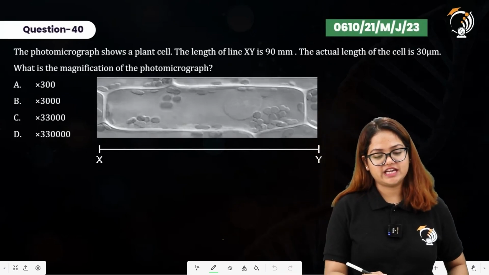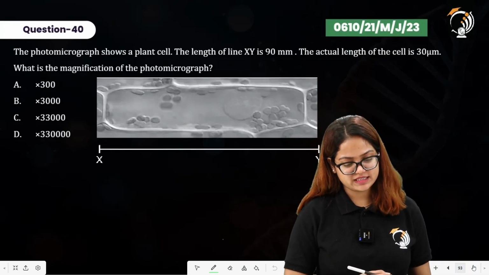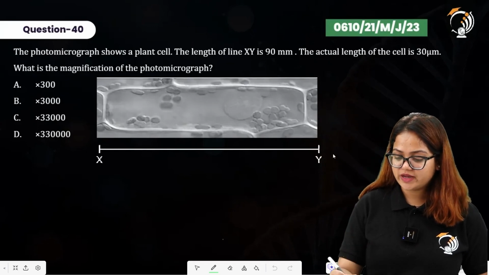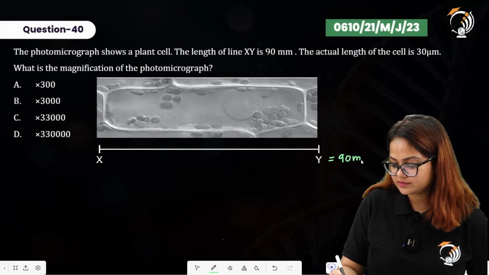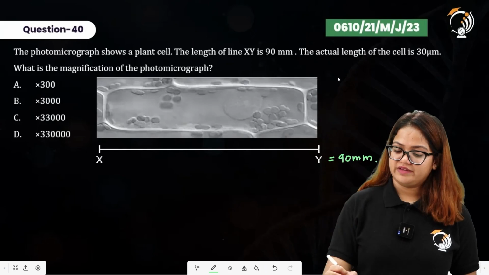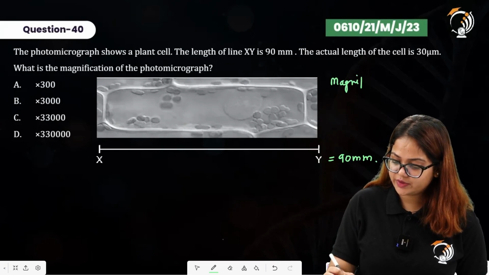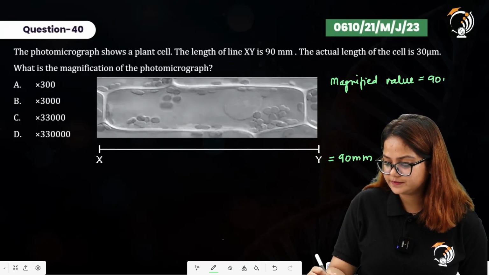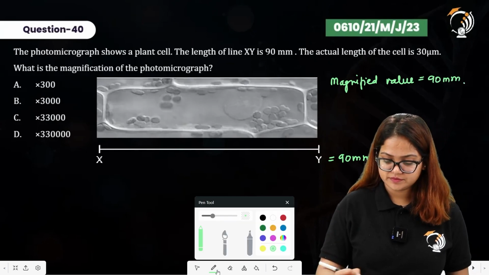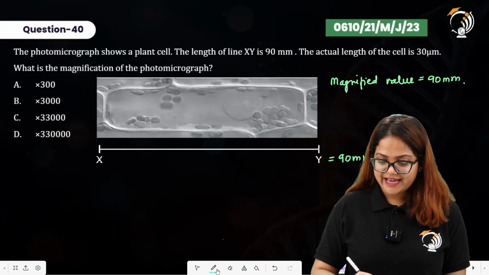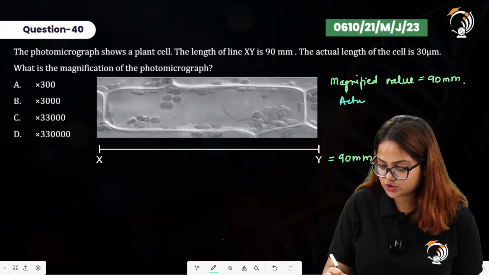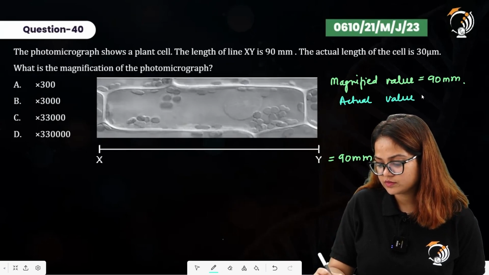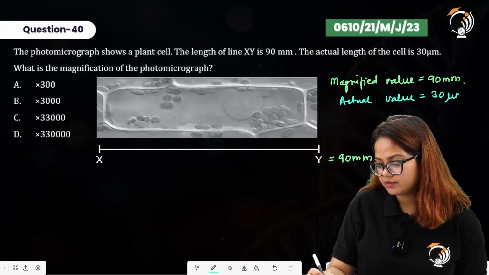Question number 40 here says the photomicrograph shows a plant cell. The length of line XY is 90 millimeter. So we have got the magnified value here, 90 millimeter. Then you have got the actual length. So this is actual value 30 micrometer.